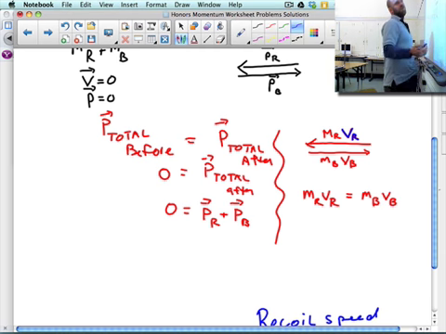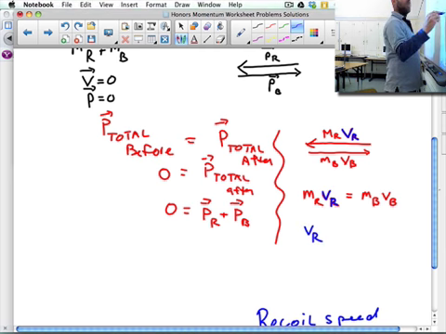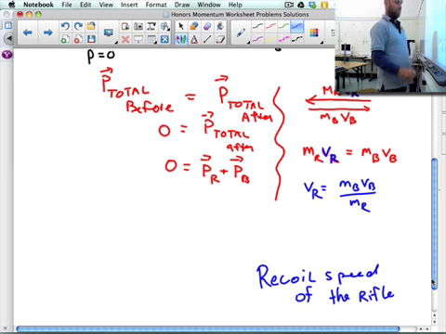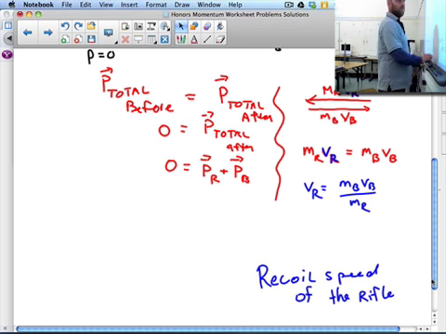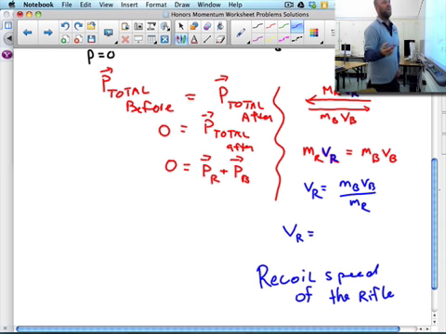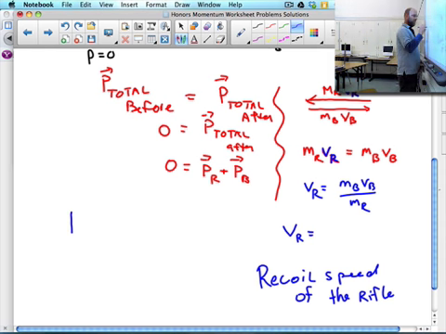And let's just put our numbers in and find, we're looking for the velocity of the rifle. So velocity of the rifle is going to be mass of the bullet, velocity of the bullet, divided by mass of the rifle. Okay? So when I put the numbers in, the only kind of annoying thing about this problem is we have to convert grams to kilograms.